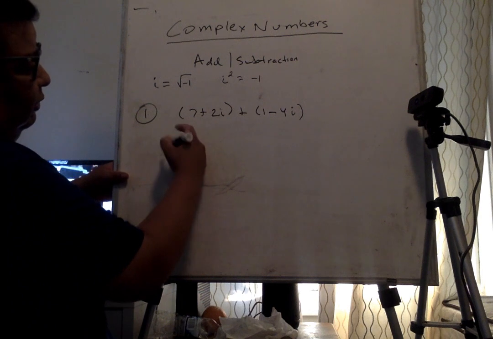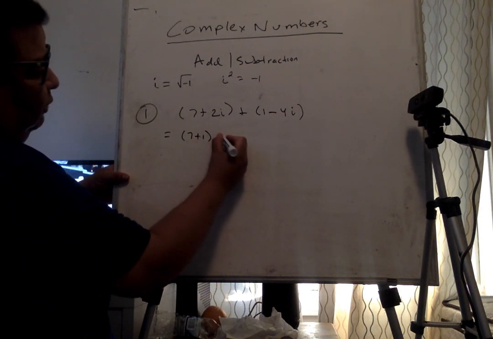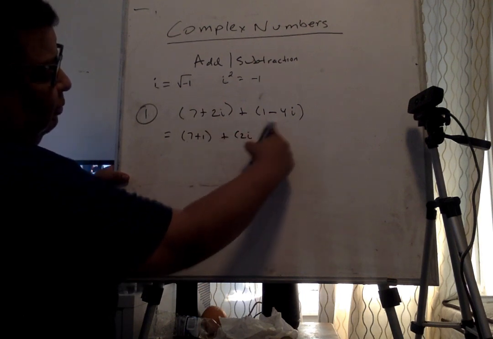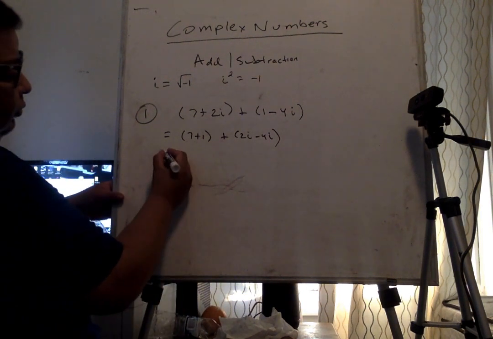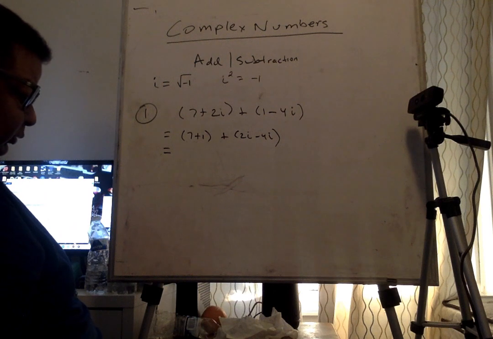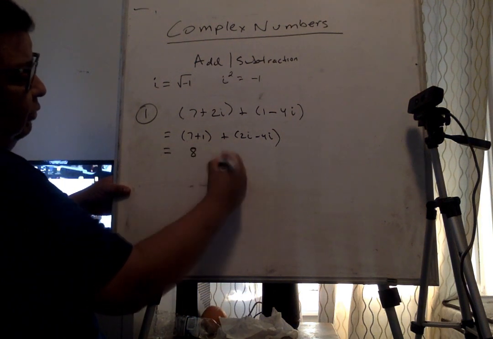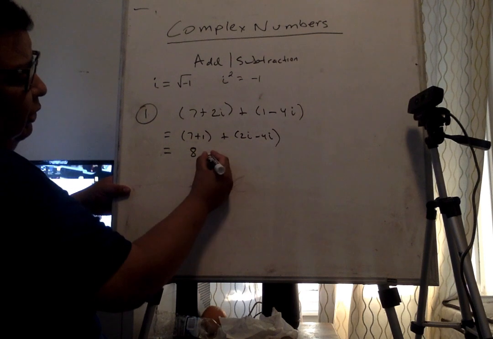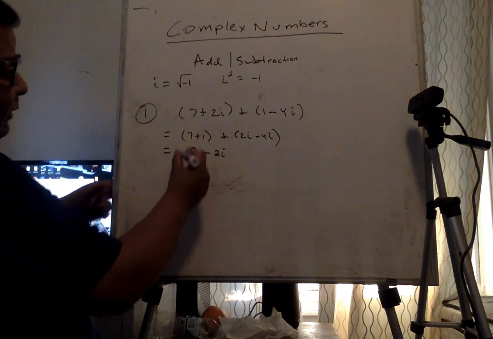So for example here, this is the same thing as 7 plus 1 plus 2i minus 4i. So now we have 7 plus 1 is 8, and then 2i minus 4i, we subtract 2 minus 4, that will give you negative 2i, and that gives you the final answer.